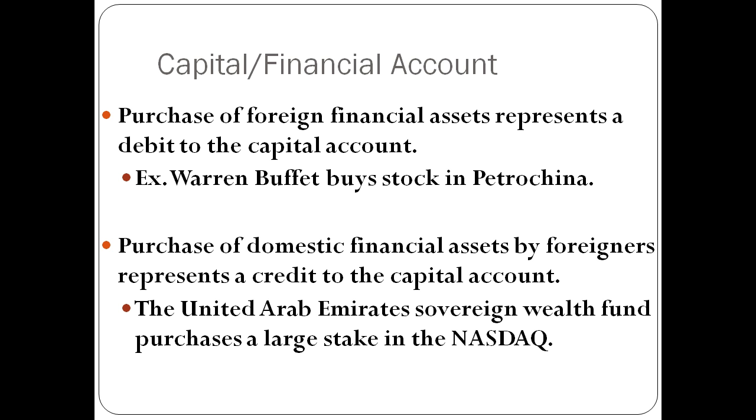So if an American buys stock somewhere else, that's a debit to the capital financial account. If you have a foreign nation that's buying stock here, that is going to be a credit to the capital financial account.